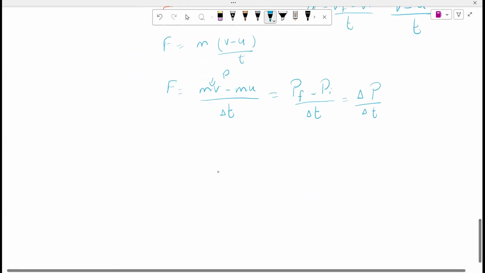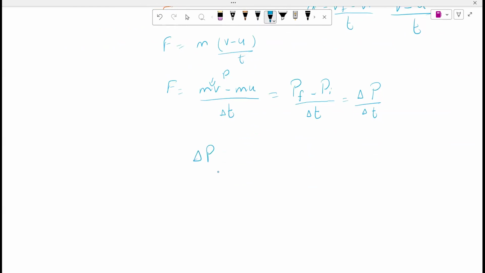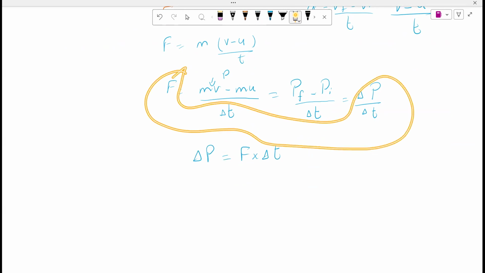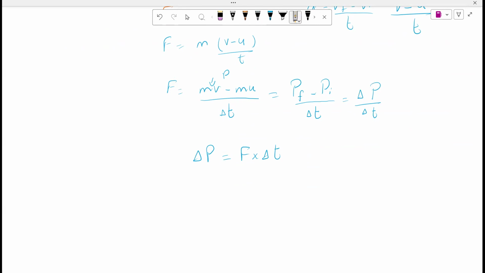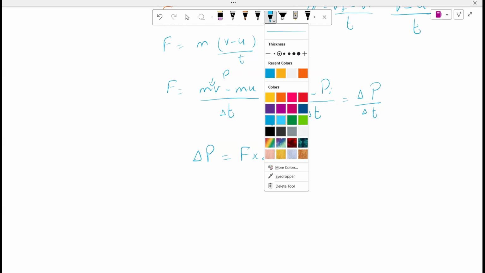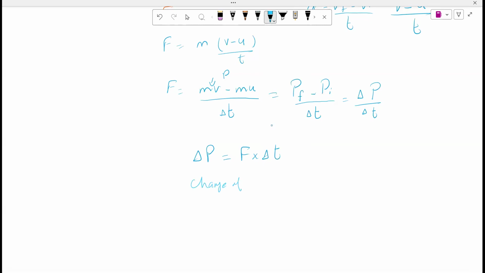Okay. From here, we'll get an equation. I will rearrange this equation as delta P equals force into delta t. So from this, I could write a word equation: change of momentum is equal to force into time.